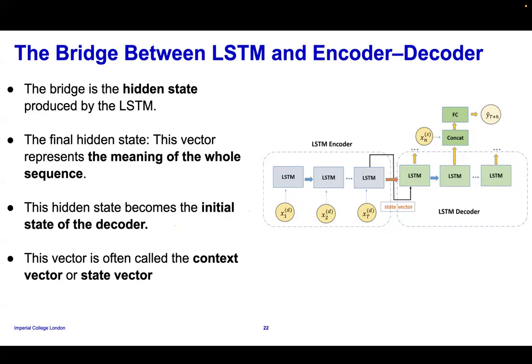Okay, let me say something that I didn't explain. If you look at this one, we have an LSTM encoder and an LSTM decoder. What is happening here is that you can see X1, X2, XT, meaning it's a sequence of a sentence.